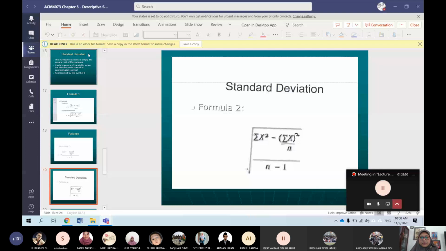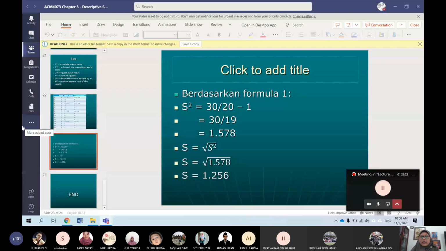So here we have 30, then divide by 20, take away 1, which is 19. 30 divided by 19 is 1.578. Okay, that is S2. So how do you get the value of S? You need to square root.